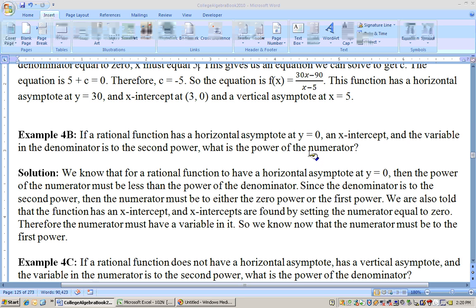Well, no, it would have to be to the first or 0 power, because to have a horizontal asymptote of 0, the power of the numerator must be smaller than the power of the denominator. So it would either be to the 0 or first power, and then it has an x-intercept, so it can't be to the 0 power, so it has to be to the first power.